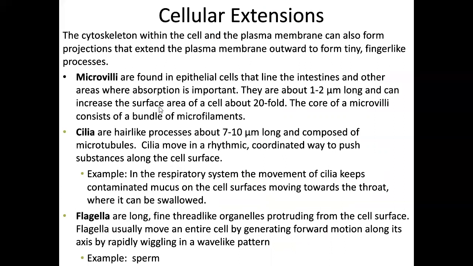In other words, there's more plasma membrane, more wall of the cell, and the plasma membrane is where you're going to find the doorways for stuff to come in and out of the cell. So by having more plasma membrane, you've got more doorways, which is why they're great at performing absorption.